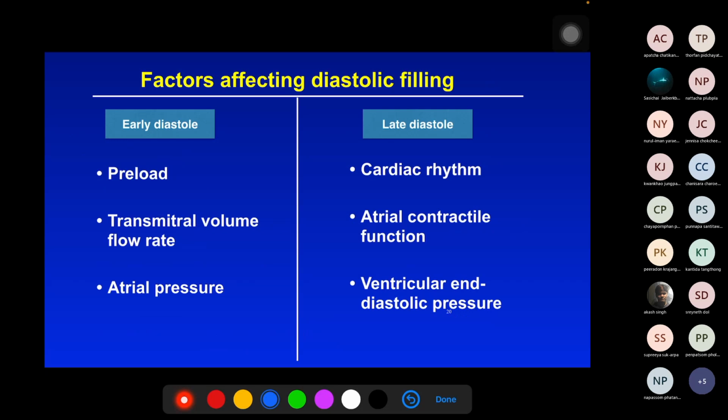During early diastole, the factors that impact diastolic filling are the preload, transmitral volume flow rate, and the atrial pressure. Late diastole is about the atrial kick. So if the cardiac rhythm changes from sinus to atrial fibrillation, this impacts late diastole.